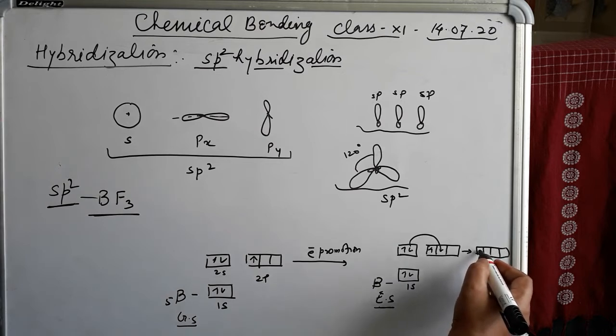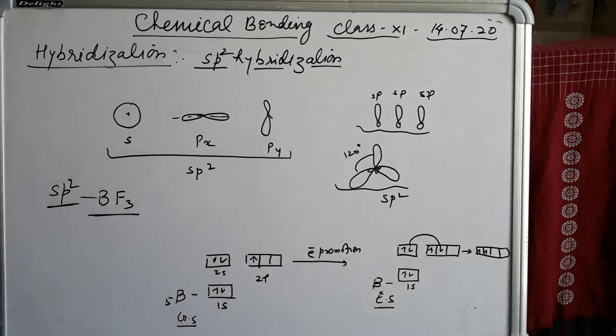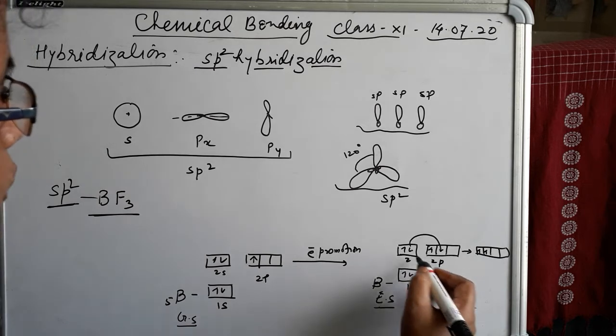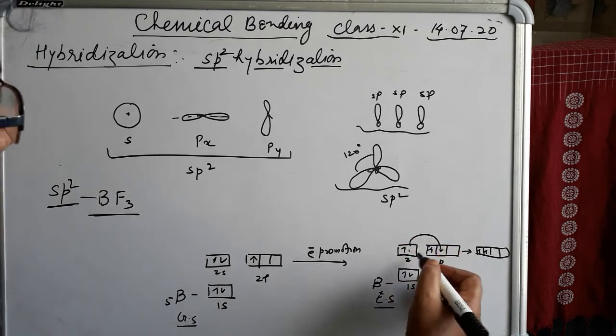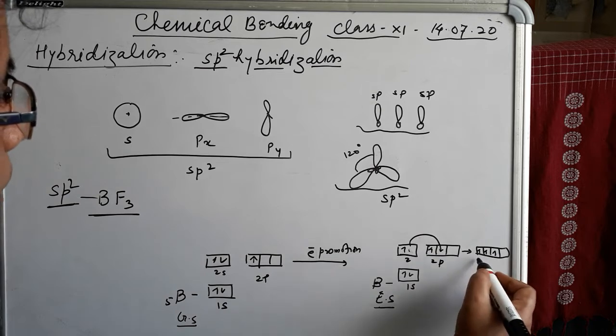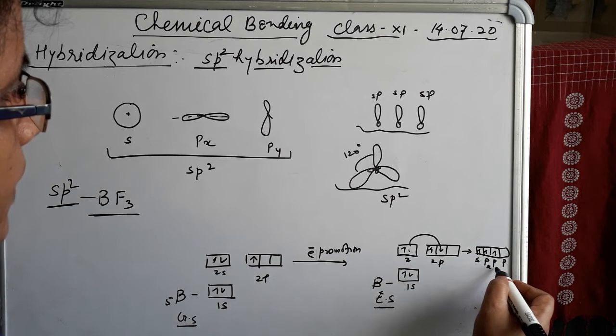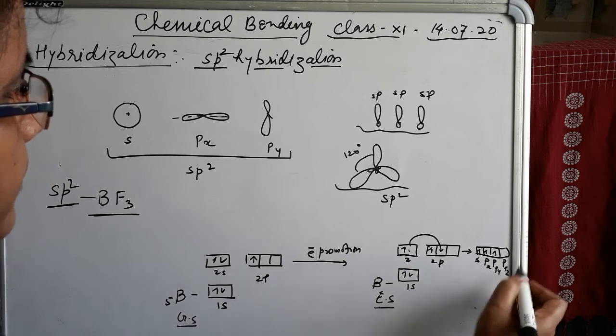Total number of orbitals is 1, 2, 3 and 4. Here is 1 electron, 2 electrons, and this is 2s and this is 2p. So the total number of electrons becomes 3, in 1s and 2p: px, py and pz.